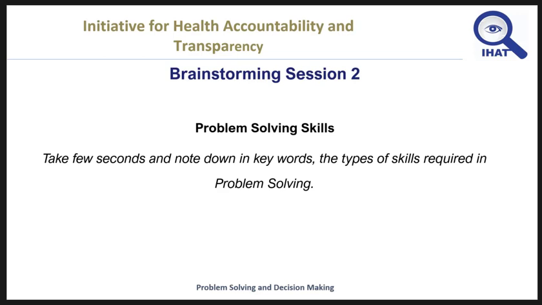Let's quickly do another brainstorming session on problem-solving skills. Take a few seconds and note down in keywords the types of skills that you think are required in problem solving.